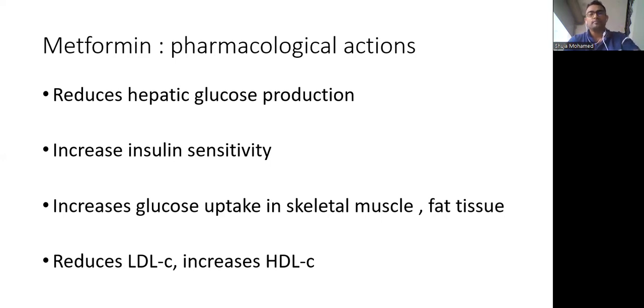The pharmacological actions of metformin are: it reduces hepatic glucose production, increases insulin sensitivity at the receptor level, increases glucose uptake in skeletal muscle and fat tissues, reduces the LDL, that is a bad lipoprotein, and increases HDL, that is a good lipoprotein.